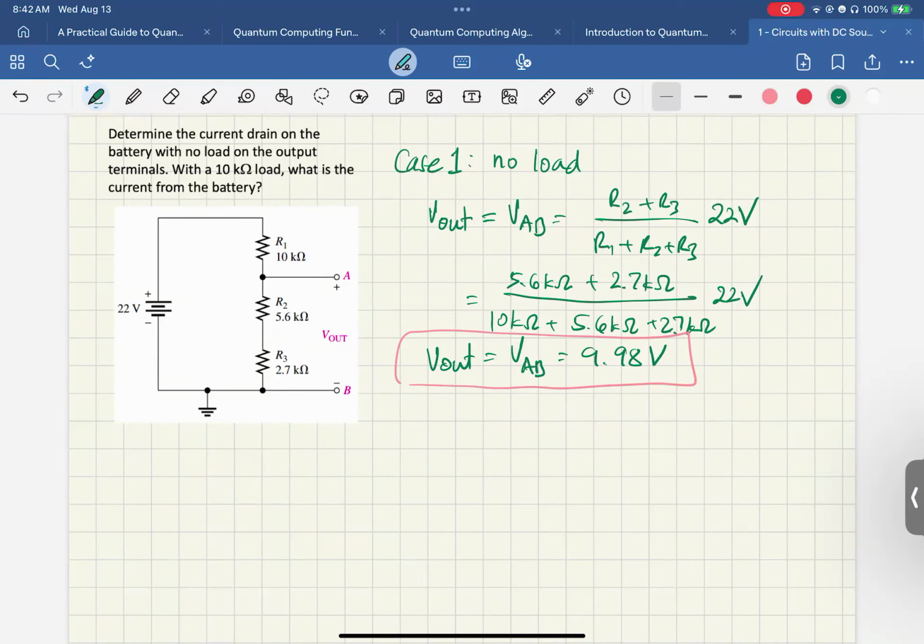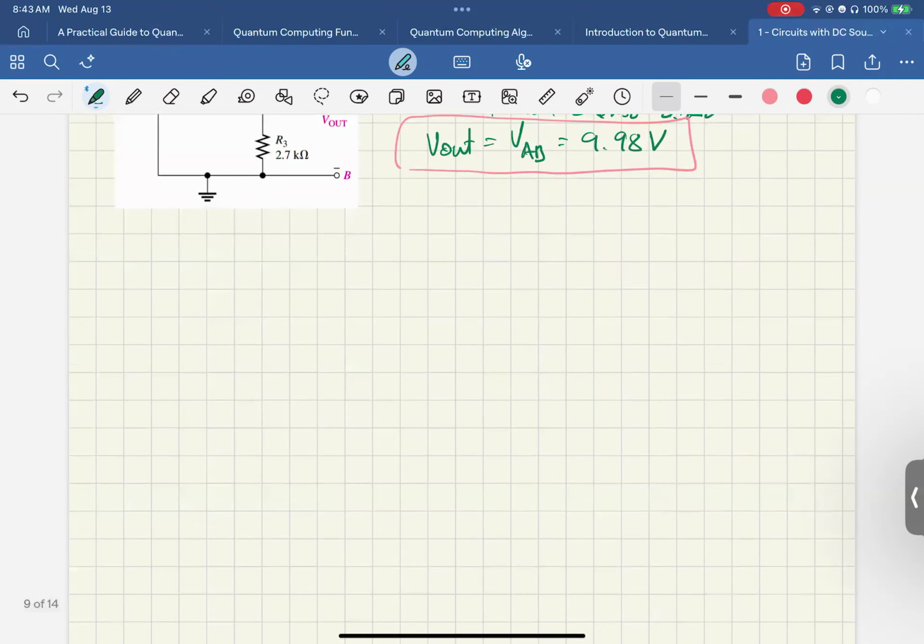But in some cases, halimbawa pinapasolve sa inyo 22 volts divided by 5.6 kilo ohms, minsan nakakalimutan ng estudyante na meron kang prefix na kilo. So ang nagiging sagot niya is in volts but not in millivolts as it should be. So yun yung pag-ingatan nyo. Tignan nyo mabuti kung ano yung prefixes na present para makuha niyo yung tamang order of magnitude nung answer na pinapahanap.